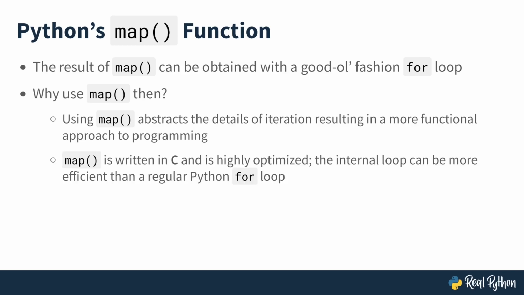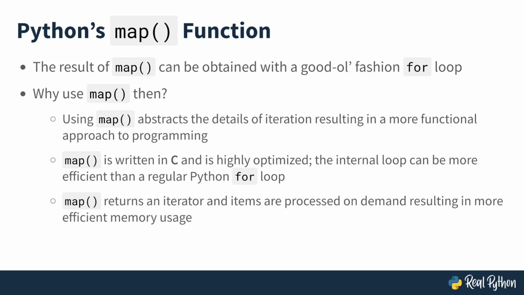Now, a technical reason why you may want to use the map function is that it's written in C and is therefore highly optimized. The internal loop used in the map function can be more efficient than just a regular Python for loop. Another technical reason why you may want to use the map function is that it returns an iterator, and so items are processed on demand, resulting in more efficient memory usage.